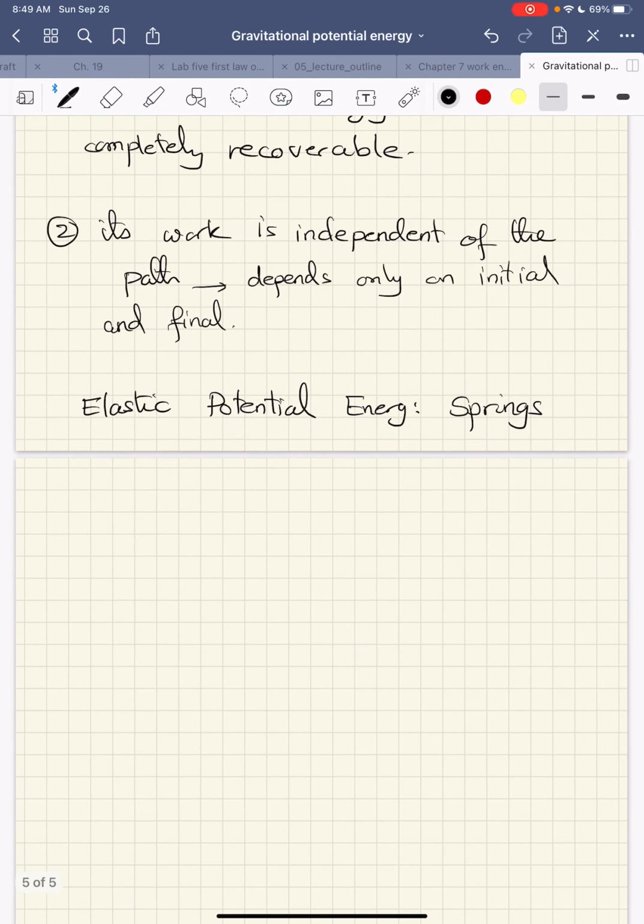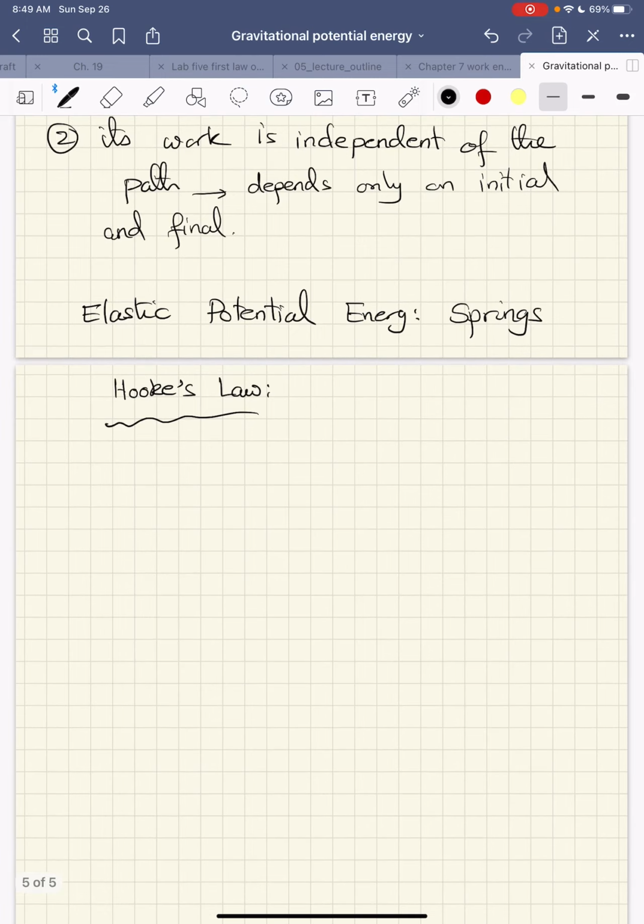Now, based on Hooke's law, let's do this simple. If we have an experiment like this, we have a mass attached and we have a spring. Springs are characterized by k, which we call the spring constant, and it is measured in newtons per meter.